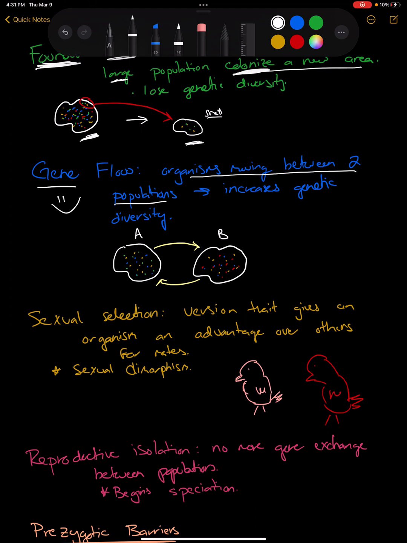And if I look at B, well, B has red and blue and yellow. But as B travels to A, maybe they'll start introducing some of that red variation. And then as my population moves to A, I'm going to introduce some of the green. And so that's just increasing genetic variation within a population. So gene flow is a very, very good thing.